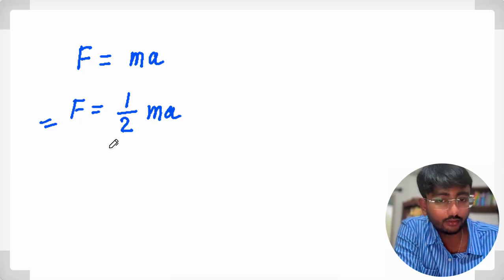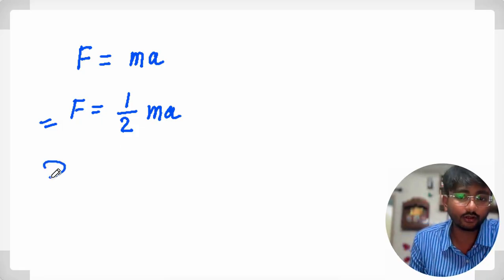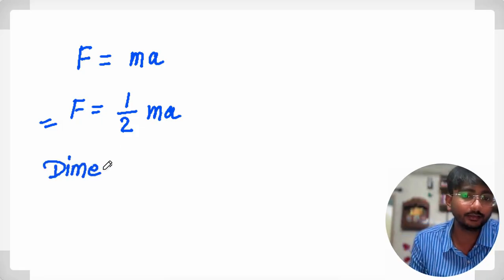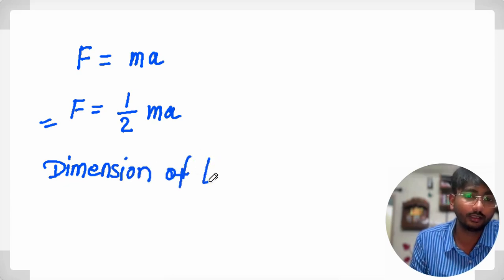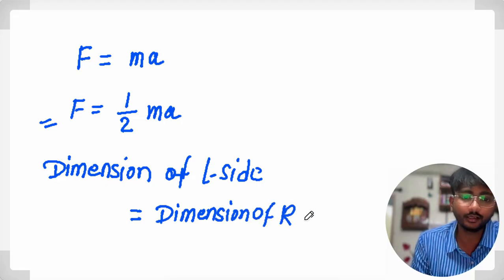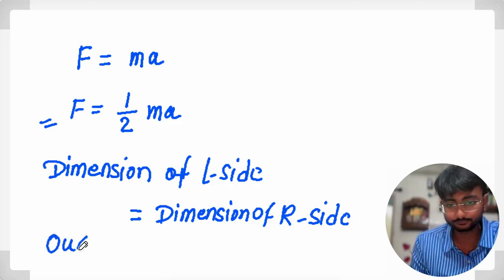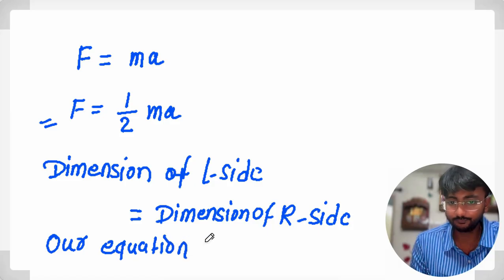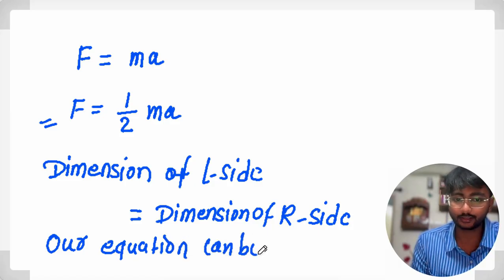What I have told you is that when the dimension of the left hand side is equal to the dimension of the right hand side, then our equation can be correct.